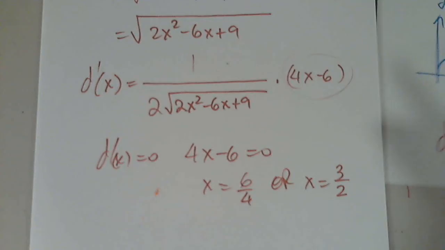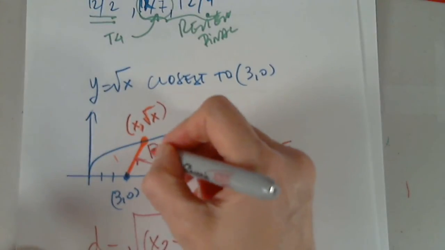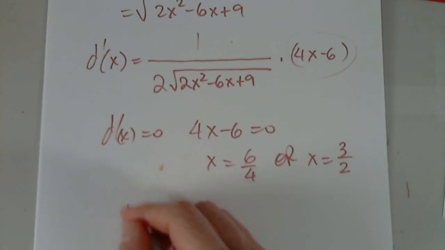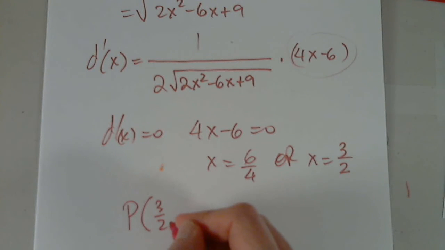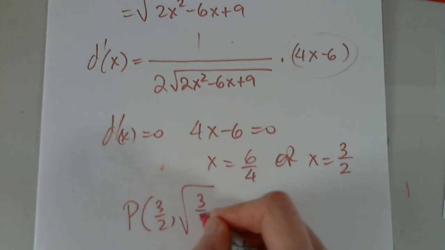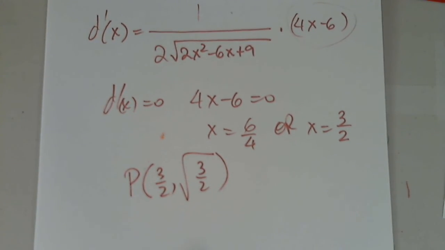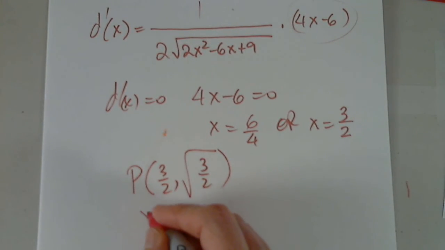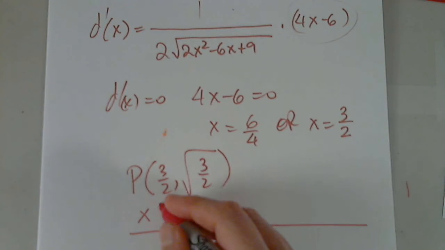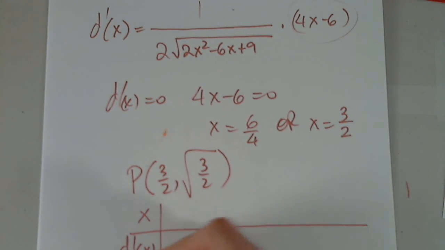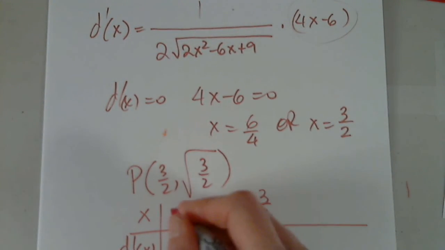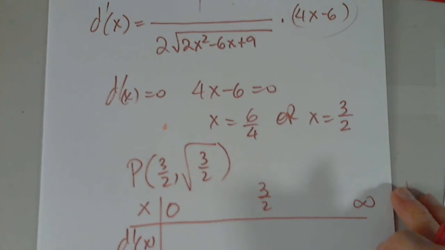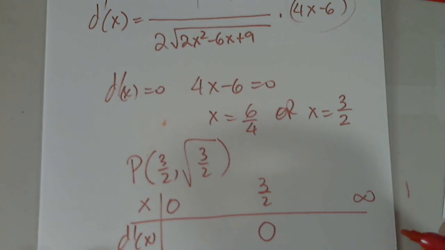So the point, I'm going to come back to my graph, I'm going to call it P. So point P has coordinates 3 over 2, comma, the square root of 3 over 2. But you have to say, show me. I haven't, and that's true. I have to prove to you that this number, 3 over 2, of course it's not infinity, gives a minimum.